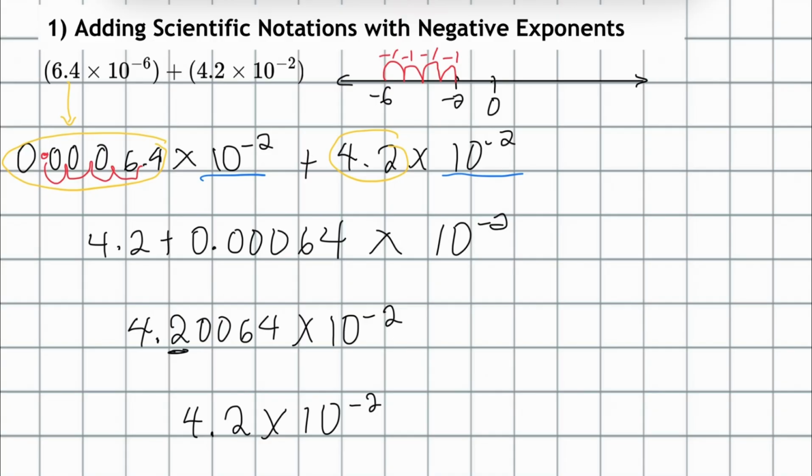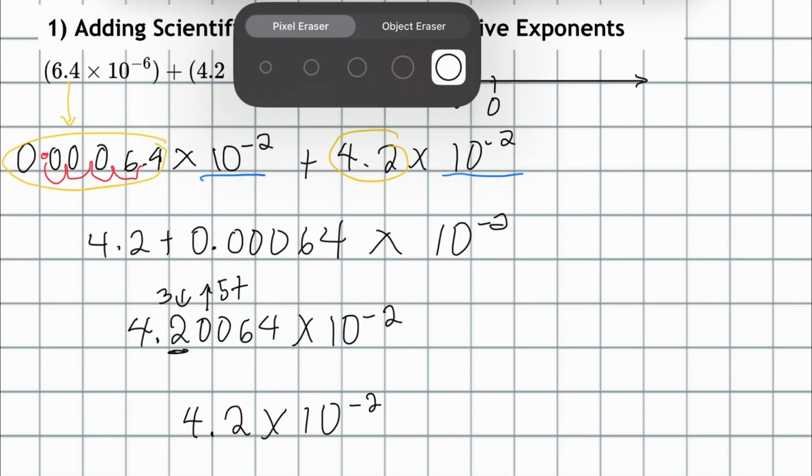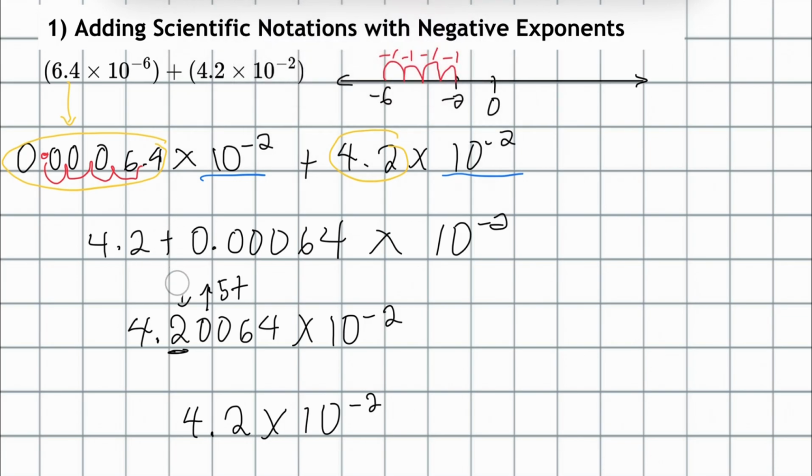Usually, you just have to be careful that if this number is higher than 5, you need to change this number to a 3. And sometimes it's better to be precise with the answer. You have to be careful, look into your professor's preference. That is, this is a more precise answer, and this is an acceptable answer.